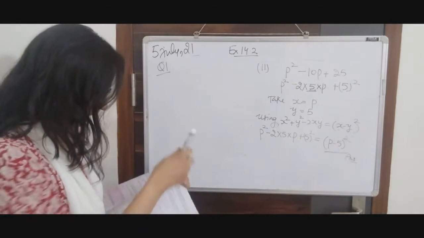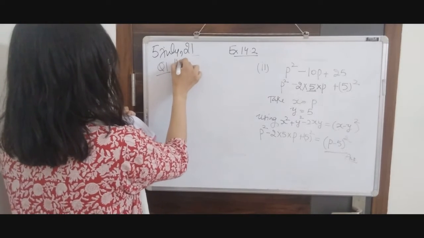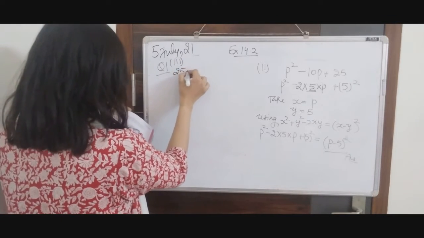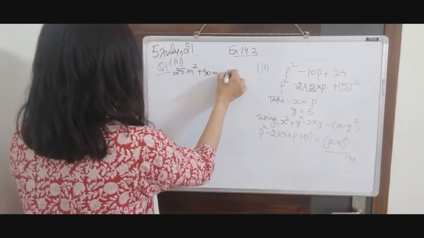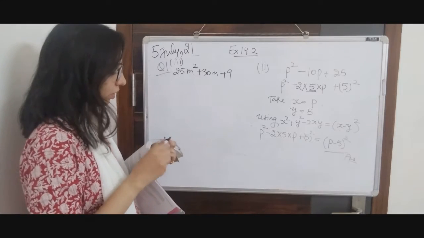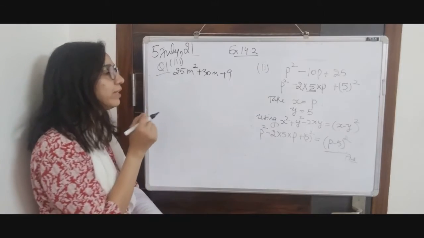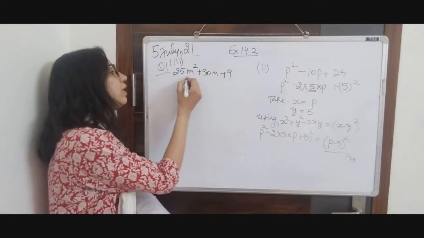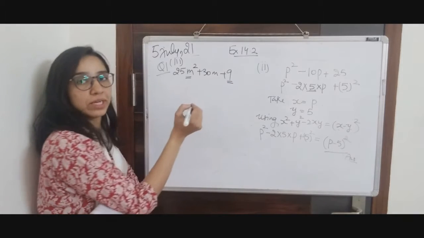Next is part number 3. In part number 3 we have 25m square plus 30m plus 9. Here I am going to find two square numbers. I can see a square here and I am seeing that this is also 3 square.